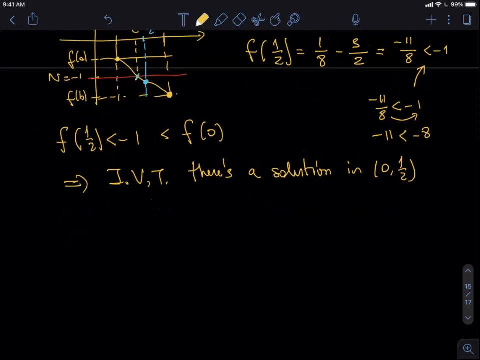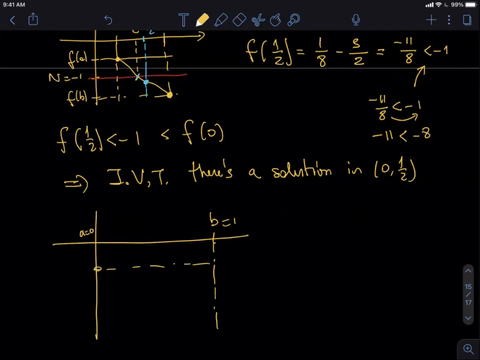Now we have here our A equals 0. Then we have here B equal 1. And here this is f of 0, and this is f of 1, and we have split this interval.